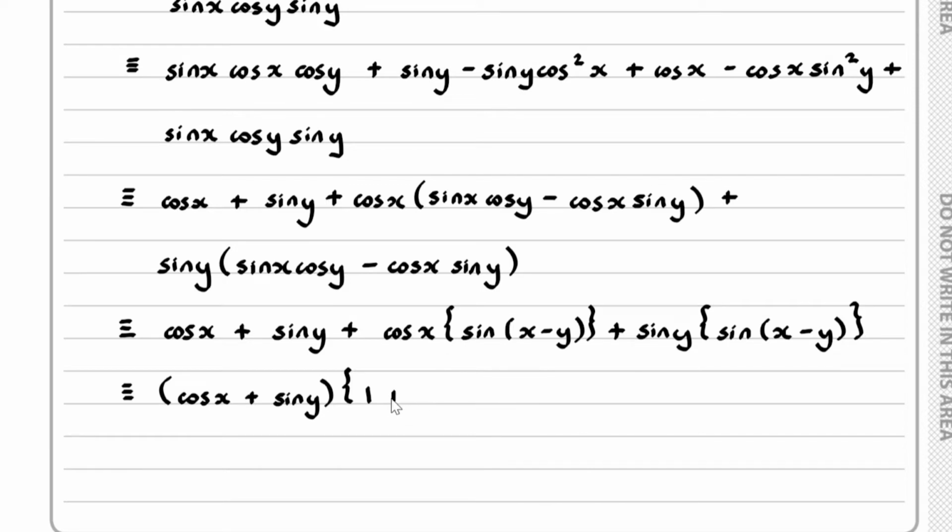And so what I need to do now is add sine of x minus y. And so here is what we have on the right hand side. So because this result is equivalent to the right hand side, the result is shown to be true.